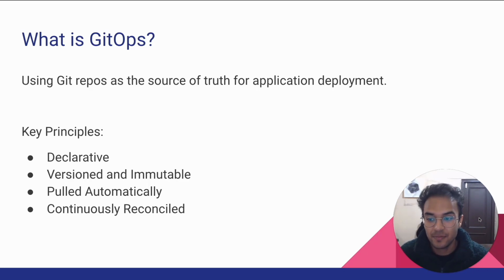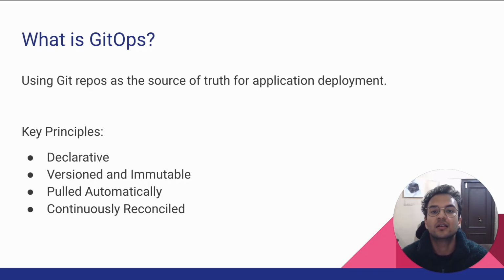GitOps has some key principles which I feel we must discuss, because GitOps is not a particular software or technology. It's an ideology, just like DevOps or agile principles. The first GitOps principle is being declarative in nature. What does that mean?